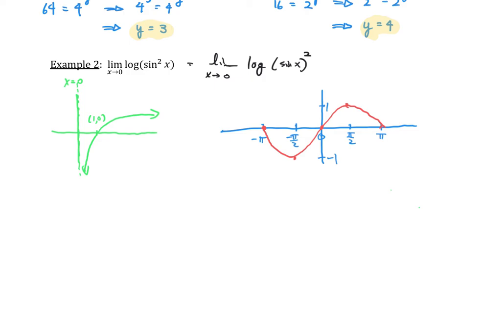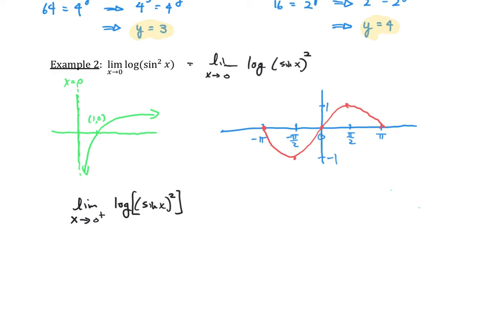So to solve this problem, I am actually going to approach from the left side and approach from the right side. So let's take the limit as x goes to 0 from the positive side. That's going to give you log of sine of x squared. So to make it more obvious, I'll put parentheses around that whole thing.